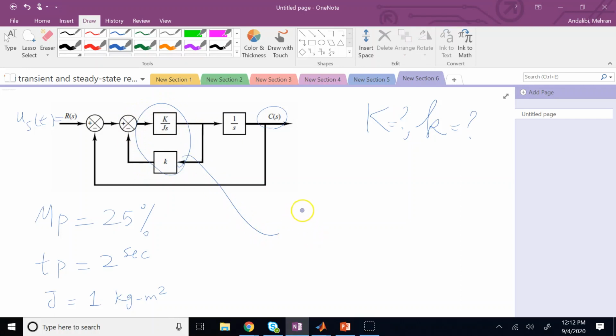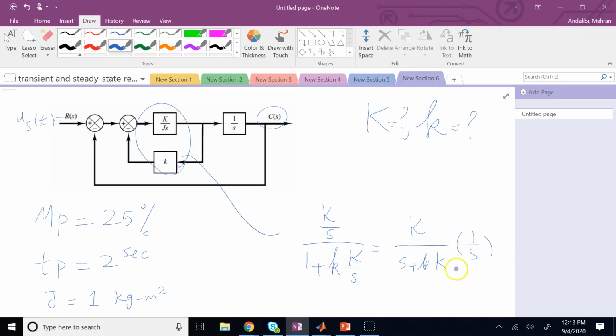So the equivalent to these will be G, which is in this case K over JS, and J is 1, so we're just going to write it as K over S, divided by 1 plus small k times K over S, which if you simplify it is going to be cap K divided by S plus small k times cap K. Then that thing will be multiplied by 1 over S because now it is in series with 1 over S. So now you will get this one.